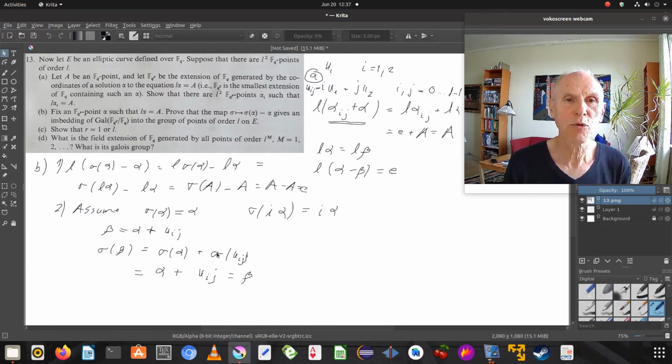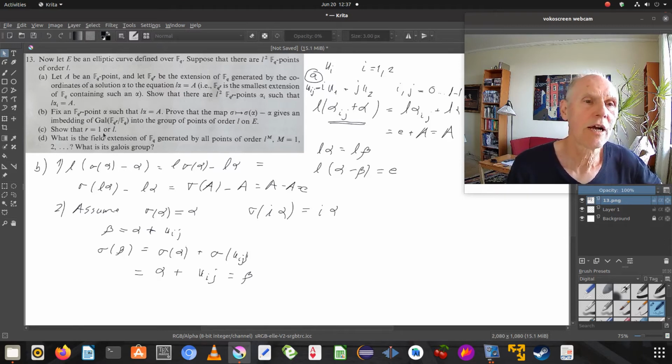And since it's the minimal field already, then sigma must be the identity operator, or automorphism. That was B.